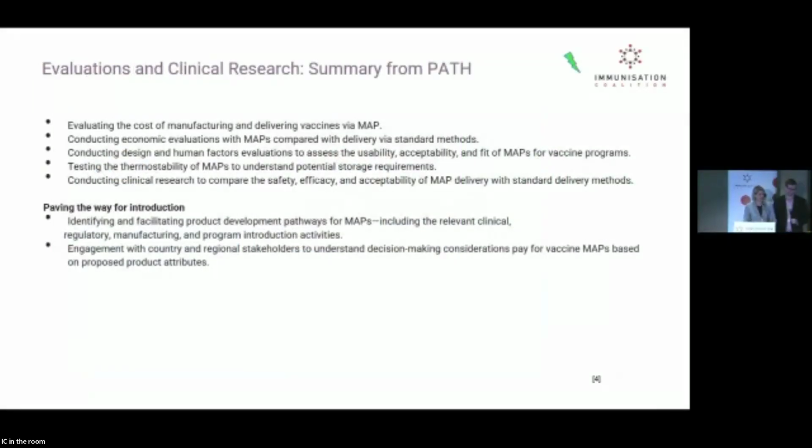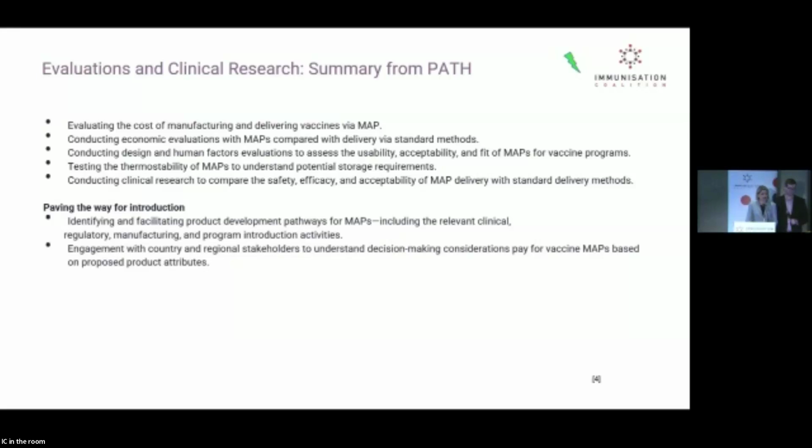This is a bit of an overview of the kinds of studies currently taking place, and this is a summary from PATH. Currently there are teams evaluating the cost of manufacturing and delivering vaccines via microarray patch. There are teams conducting economic evaluations comparing microarray patches with delivery via standard methods. There are also teams conducting design and human factor evaluations to assess the usability, acceptability and fitness of MAPs for vaccine programs.